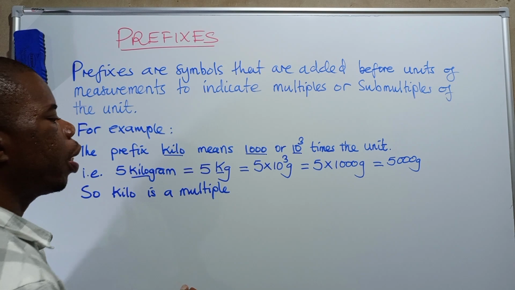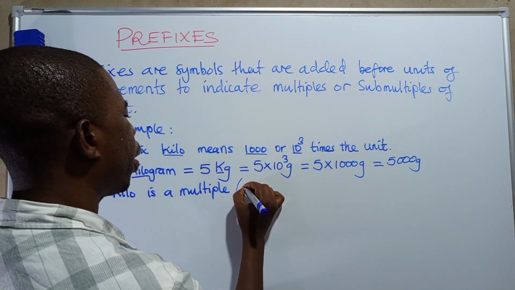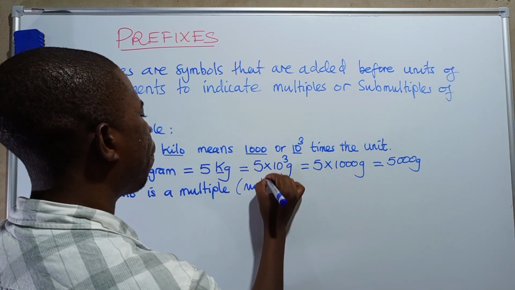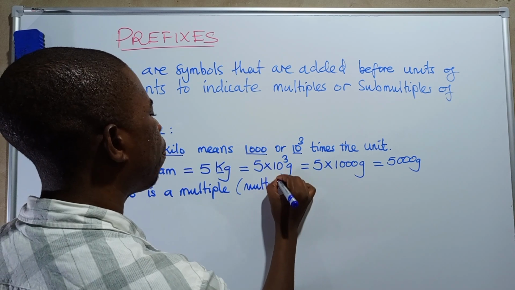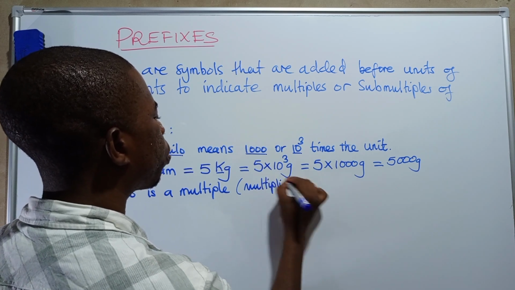If we say a multiple, it means it is a multiplier. That's what it means.